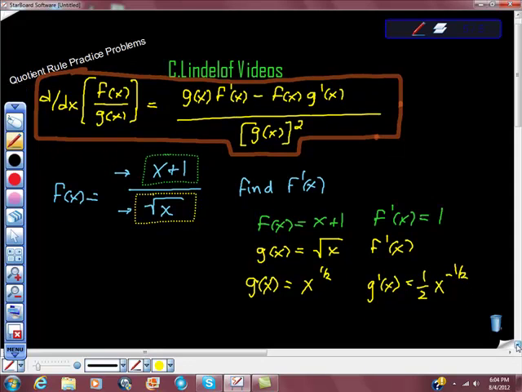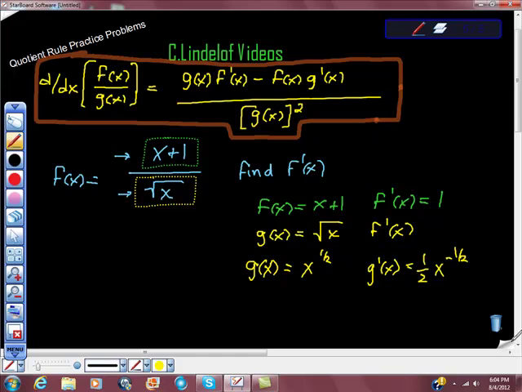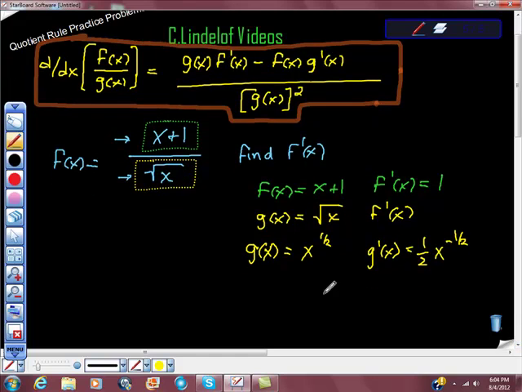Now I'm going to go back and build the machine. Hopefully that's okay with you. I'm going to use this rule and say g of x is equal to x to the 1/2. I'm going to multiply it by the derivative f prime of x, which is 1. This negative sign right here is this one.